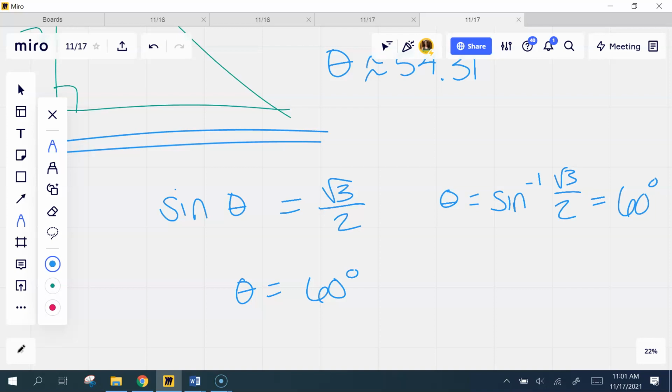Second sine. If it's not right, hit mode.